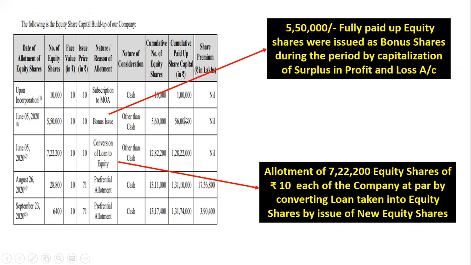In the second case, the loan went down and the capital went up. So by issuing shares, by converting the reserves into shares, by converting the loans into shares, the capital has been increasing in the last few years.